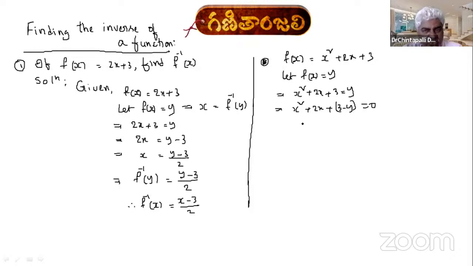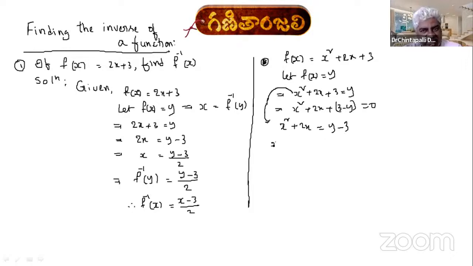Or if we try to do so, instead of bringing plus y to the left hand side, we may think that as before we do, x square plus 2x is equal to y minus 3.